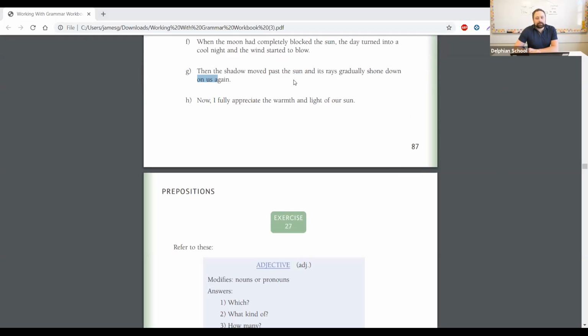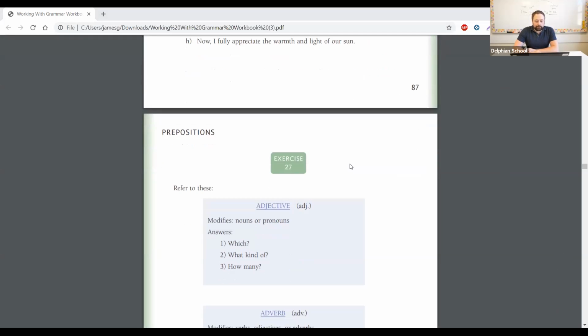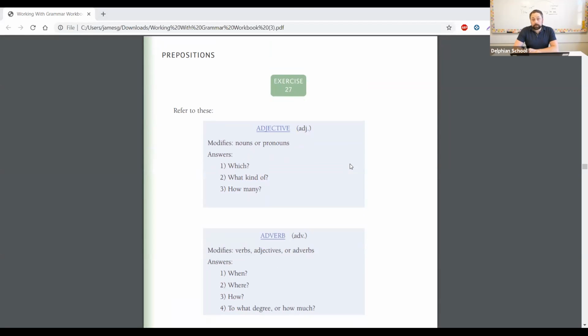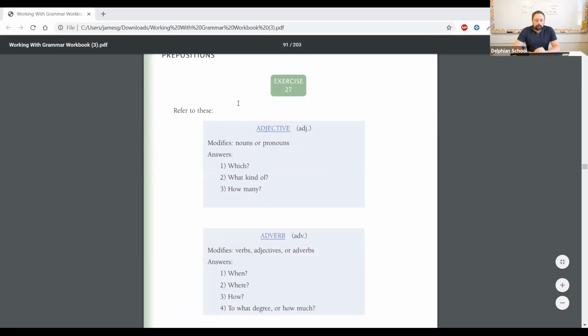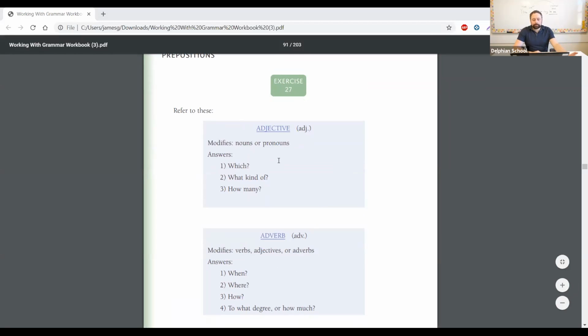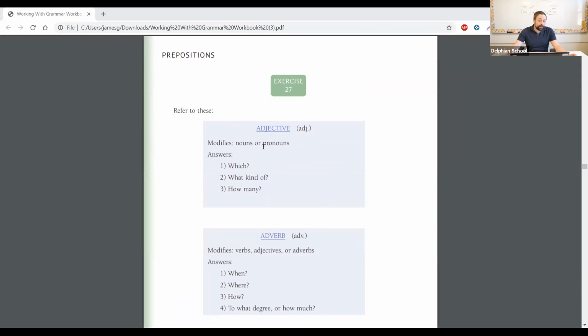Good job, guys. So one good piece of information that you can take with you, and we talked about this a little bit in the modifiers seminar, is that when prepositional phrases are acting as modifiers, this is a little table here that you can use. And by table we mean it's almost like a little chart or list that's going to tell you when it's an adjective and when it's an adverb.